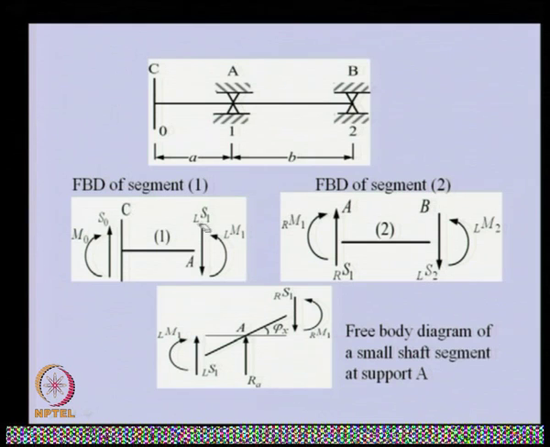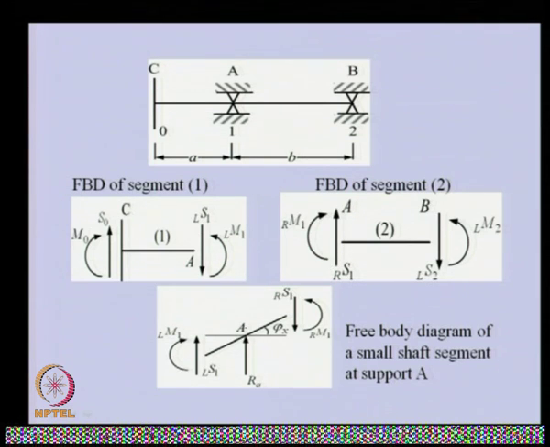This is the left of support 1, shear force is also left of support 1, but the direction here is downward, and this is upward. Similarly, this moment is counterclockwise, and this moment will be clockwise. Similarly, at this end of the shaft segment, the shear force and bending moment will be the same, only their directions will be opposite.